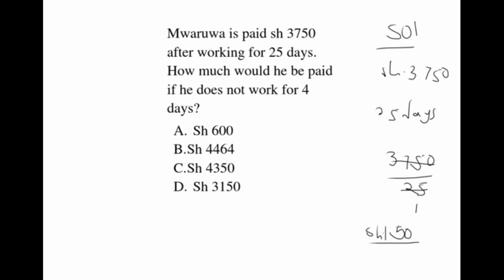Then we are asked, how much would he be paid if he does not work for 4 days? Therefore, we take 25 minus 4. This gives us 21. Therefore, you'll be paid for 21 days.